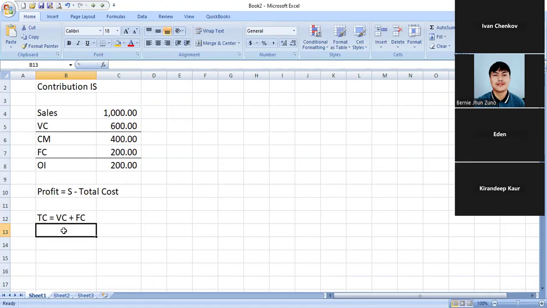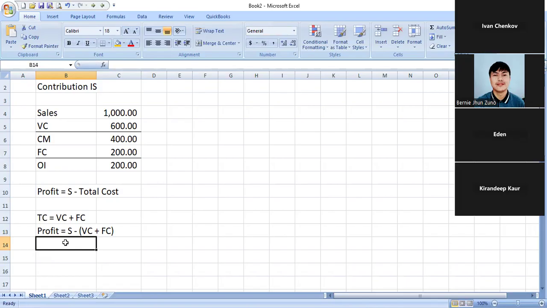So our profit will be equal to sales minus, in brackets, variable cost plus the fixed cost. So as long as we cover our cost and sales are more than the cost, we're going to generate profit. Make sense?